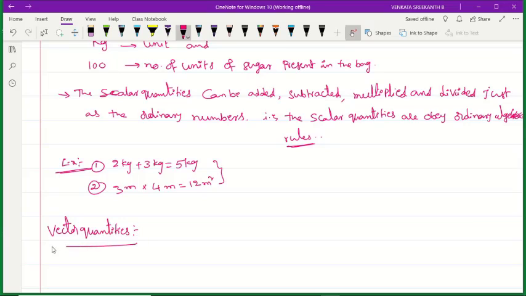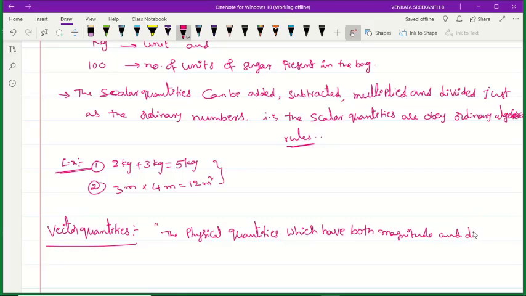The physical quantities which have both magnitude and direction and obey the laws of vector addition are called vector quantities.